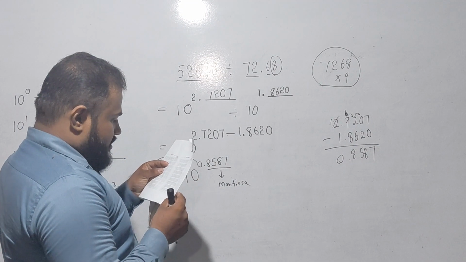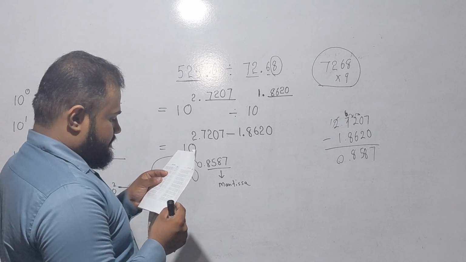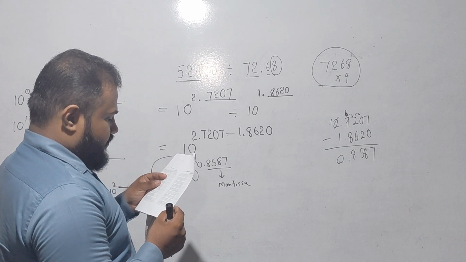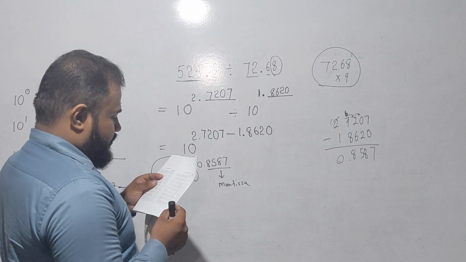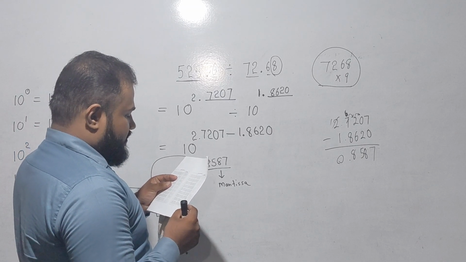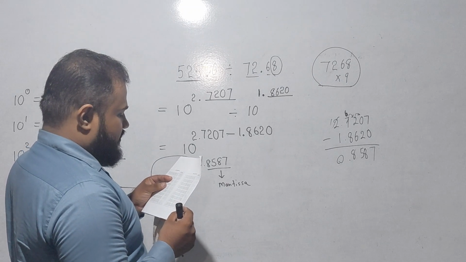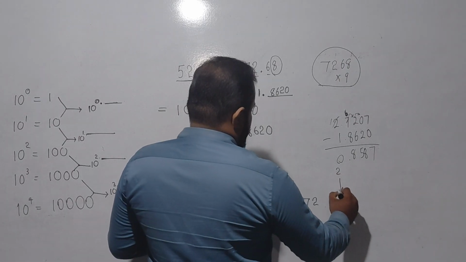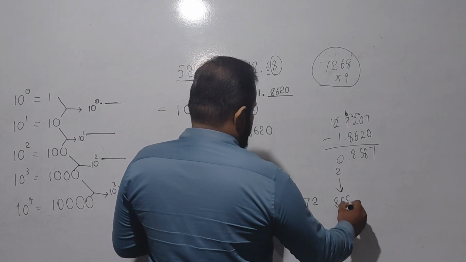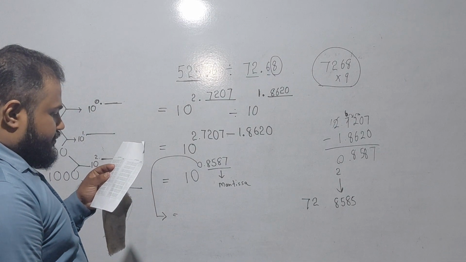When you take the log table, there is no 8587, but in 72's 2, there is a value 8585.